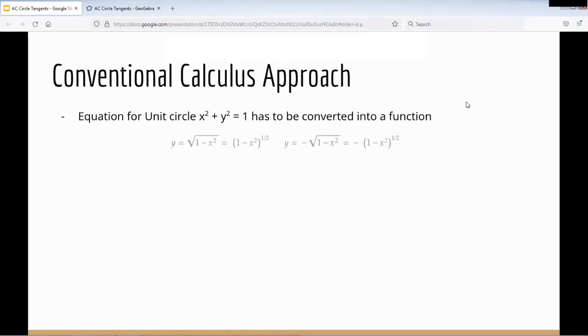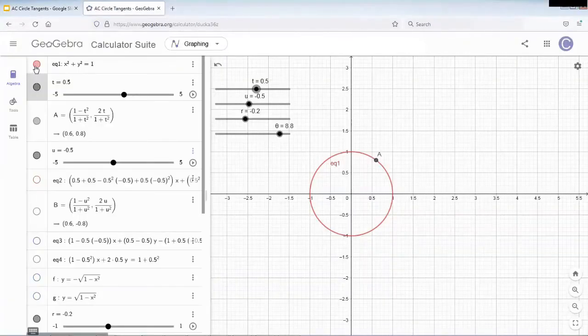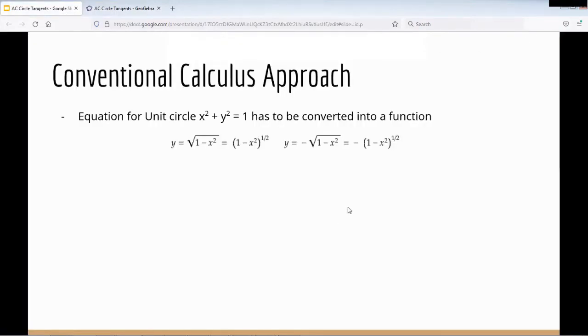Okay, so we need to move the x squared to the other side, take a square root, and we get this ugly looking thing. Sorry, I'm a little bit biased here. And not only that, but we have to divide it in half. So now instead of this equation for a circle, we have a top half and a bottom half. Okay, but let's move on and see what happens.